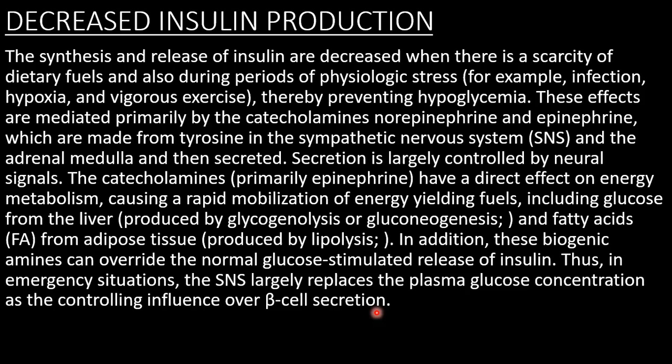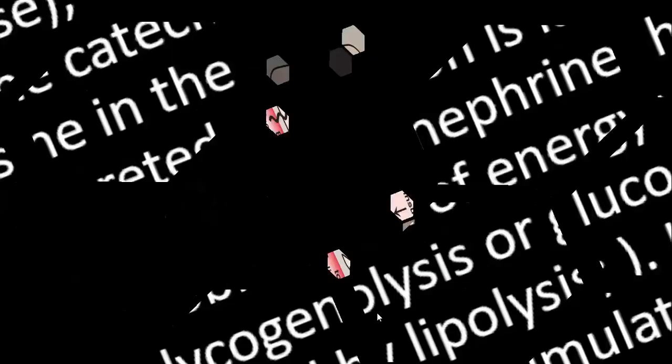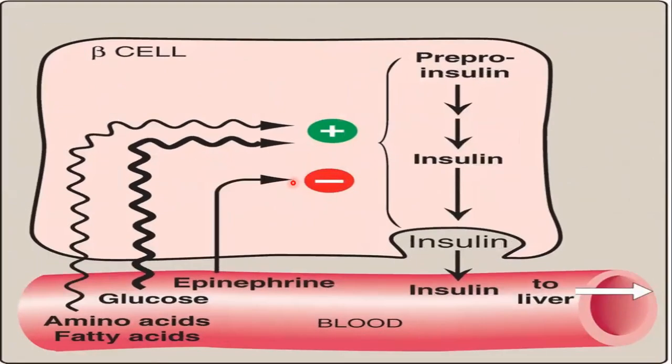Catecholamines and glucagon have the same effect of increasing blood sugar levels, so as to make glucose readily available if we want to run away from danger; there will be enough glucose for the muscles to do so. Now, there is an image: insulin release is increased by glucose, amino acids, and fatty acids, and decreased by the catecholamines.